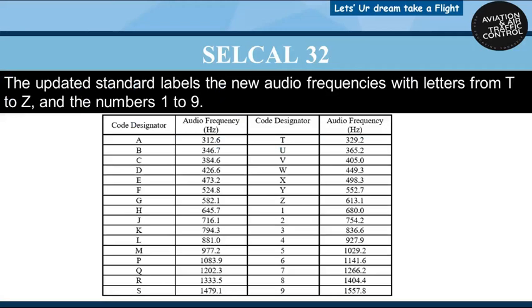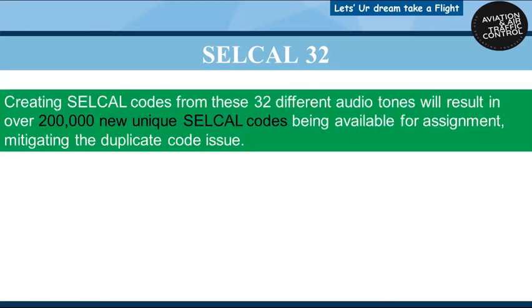The updated standard labels the new audio frequencies with letters from T to Z and the numbers 1 to 9. Creating Selcal codes from these 32 different audio tones will result in over 2 lakh new unique Selcal codes being available for assignment, mitigating the duplicate code issue.